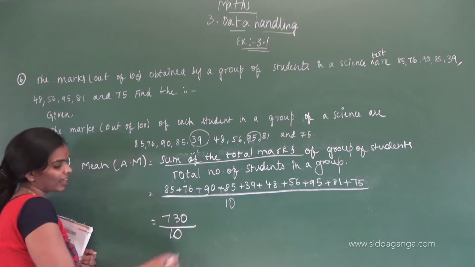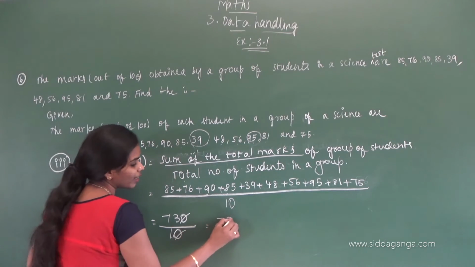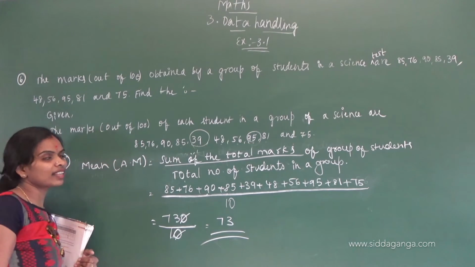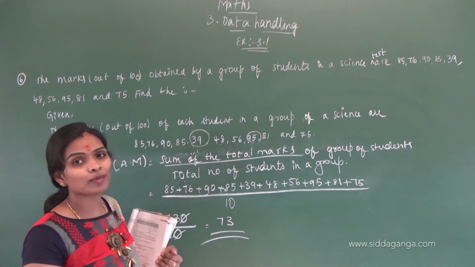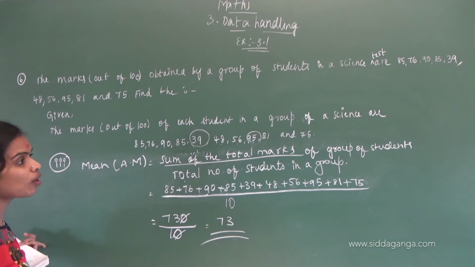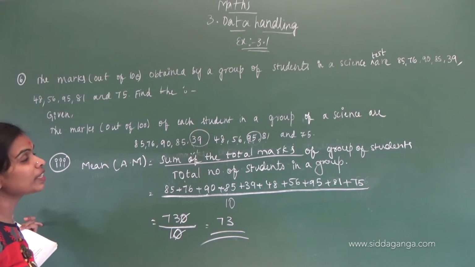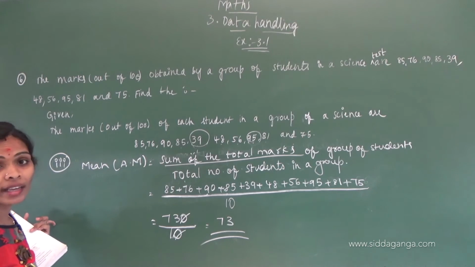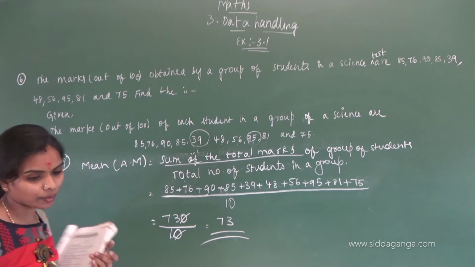Divided by 10, you get 73. 73 is the mean of these observations, that is, the marks obtained in science by each student in a group of 10.